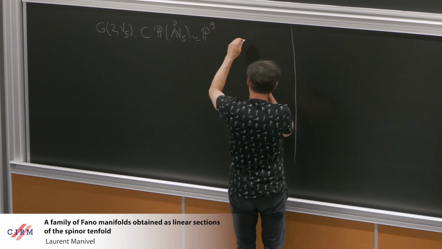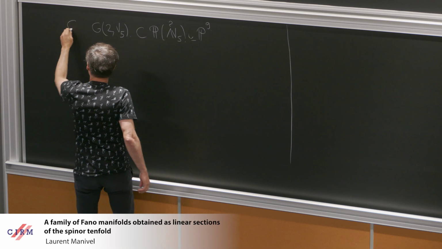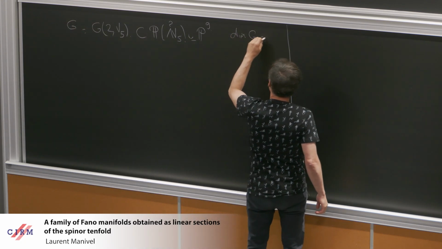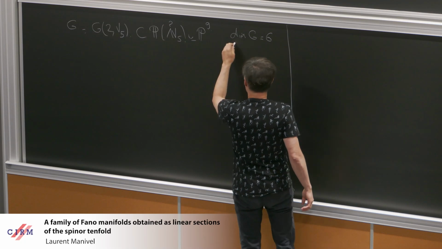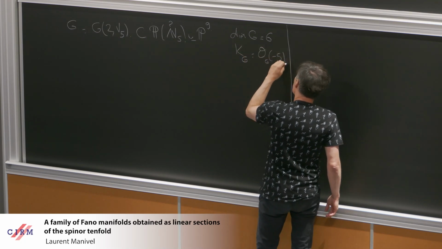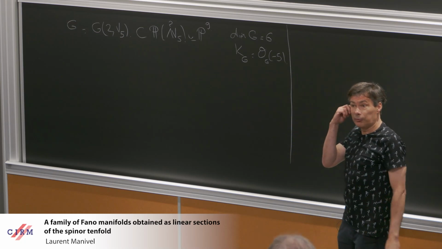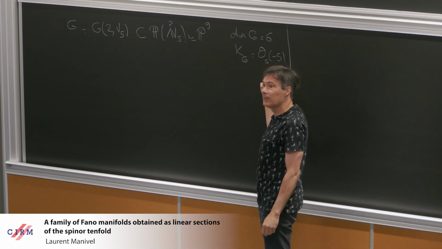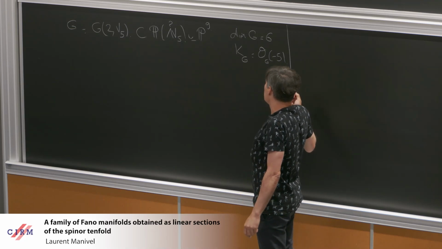And so the Grassmannian, let's call it G, has dimension 6, and the canonical bundle is the restriction of O(-5). So this is a Fano sixfold of high index. And we know that this is nice.